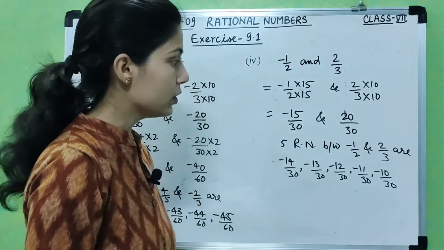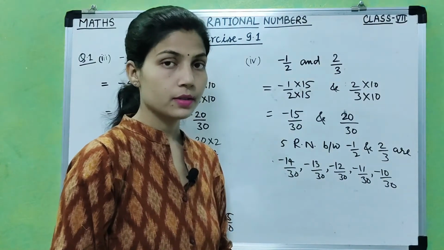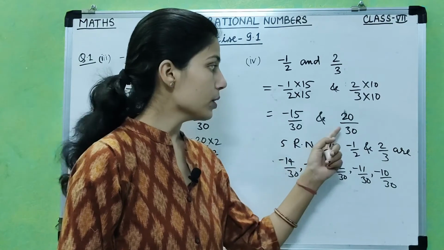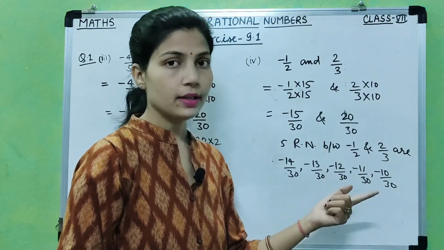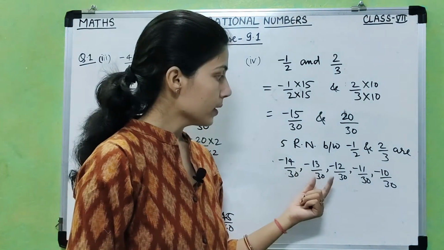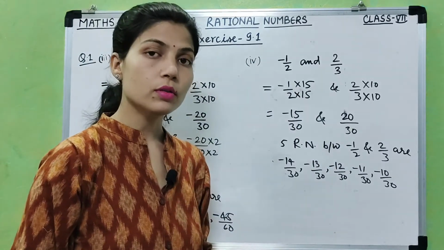You also can take 0 because one is positive, another is negative. So surely there will be 0 in between these two. Okay, because this lies to the right of 0 and this lies to the left of 0. Okay, so these are the 5 rational numbers between -1/2 and 2/3.